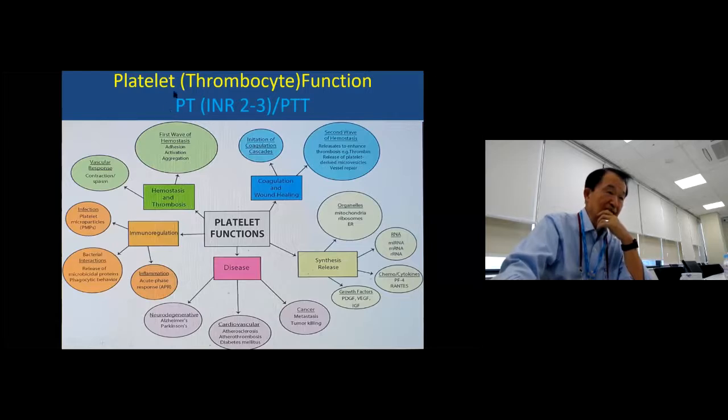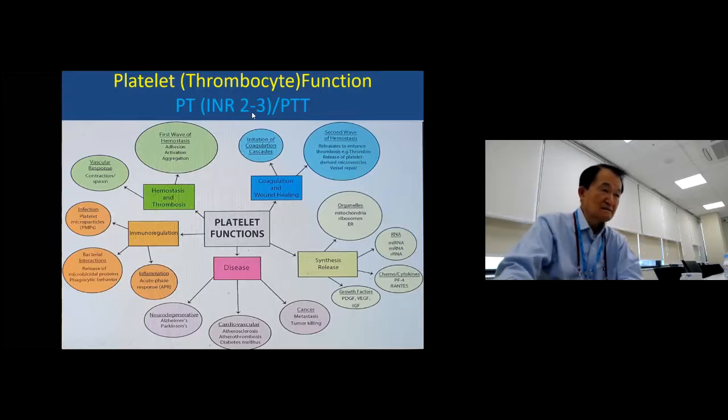This is the extrinsic factor, this the intrinsic, plus the last phase of factors, usually 30 to 40 seconds. So the PT over PTT ratio is sometimes measured, or in clinic usually just INR, or just PTT.